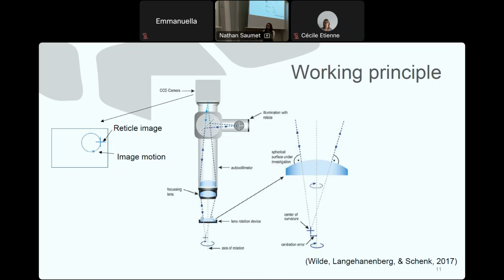So yes, we can do it. The only thing that will change is the distance between the autocollimator and the upper part of our system. And we can also change what is called the focal length.